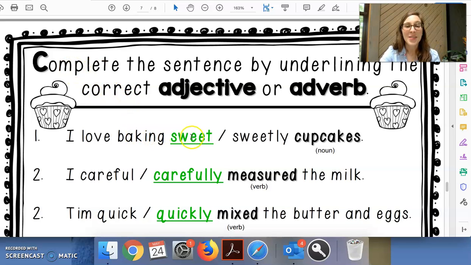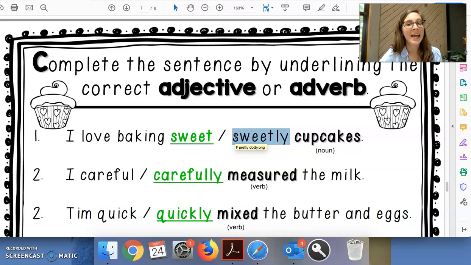Okay, so the green in each sentence is the correct answer, but then we'll talk about why it's not the other word. So number one, I love baking sweet cupcakes. So we describe the noun cupcakes with the adjective sweet. If I added an ly onto sweet and had this word sweetly, that can't describe the actual cupcake.